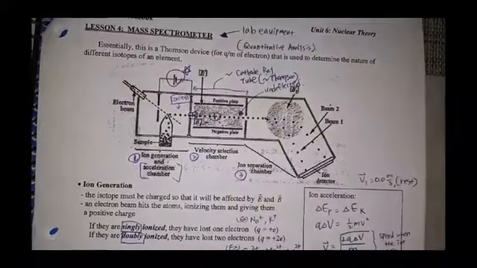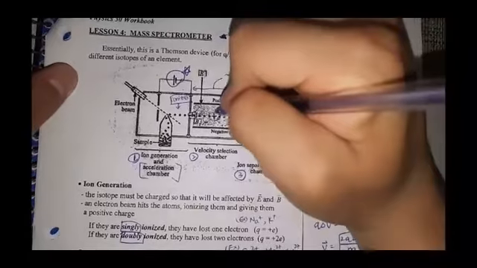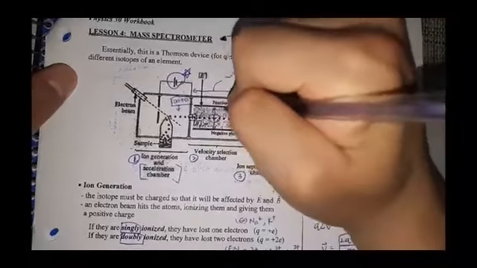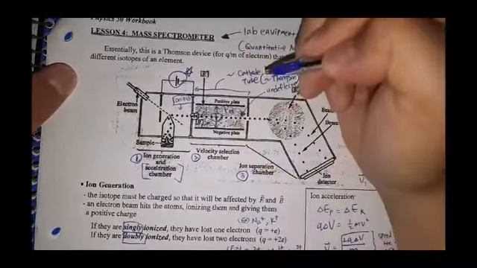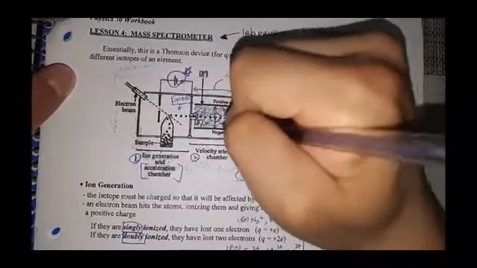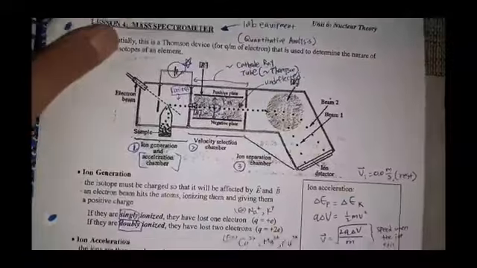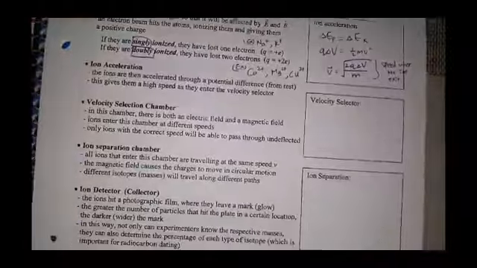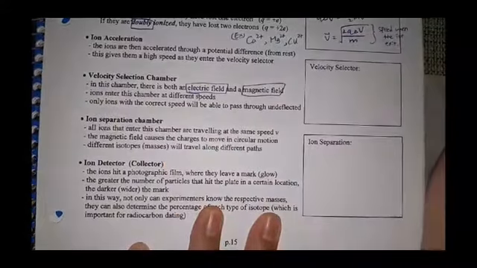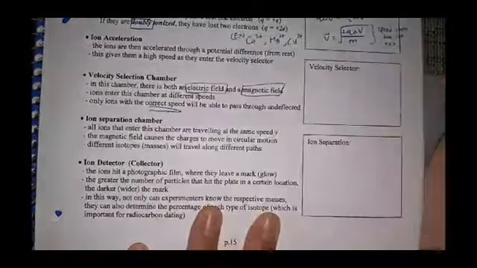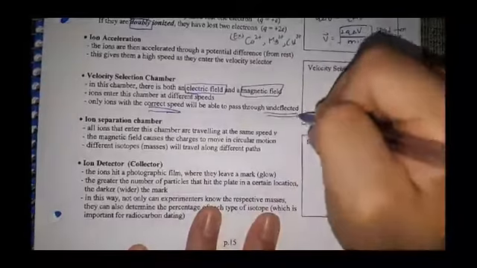In order to be undeflected, it should experience a magnetic force, FM, and an electric force, FE, so you need a balance of the forces. The velocity selection chamber has an external electric field and an external magnetic field, and only one correct speed will be chosen and travel undeflected.